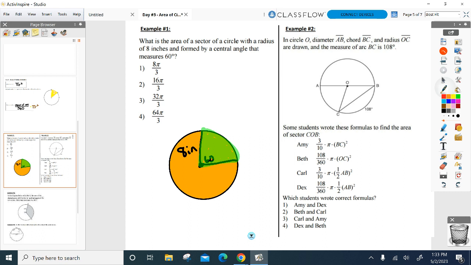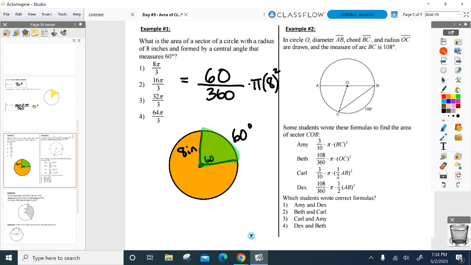Let's go through our formula right now. Measure of the arc. Remember, we have to remember a fact from unit 10, our circle unit: whatever the central angle is, it's always equal to its arc measure. So that's going to be 60 over 360 times pi, radius is 8 squared.